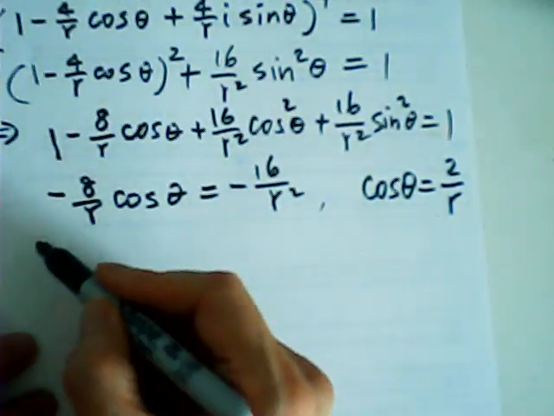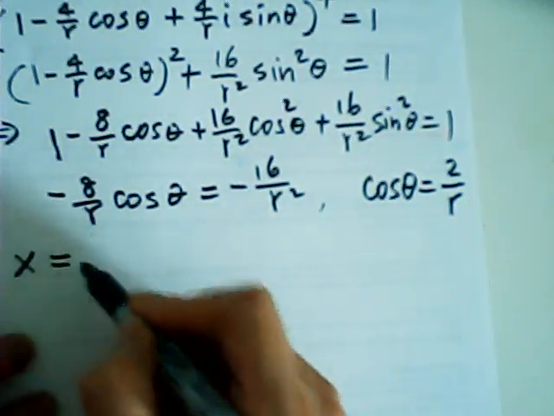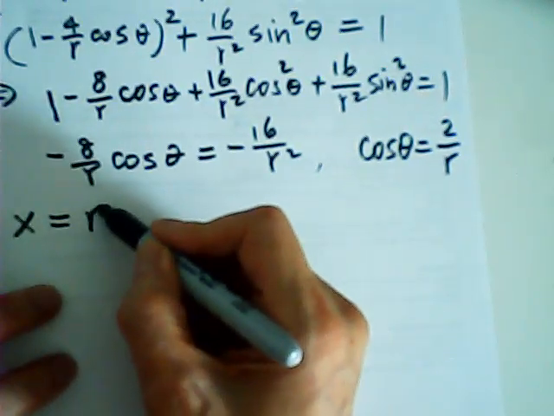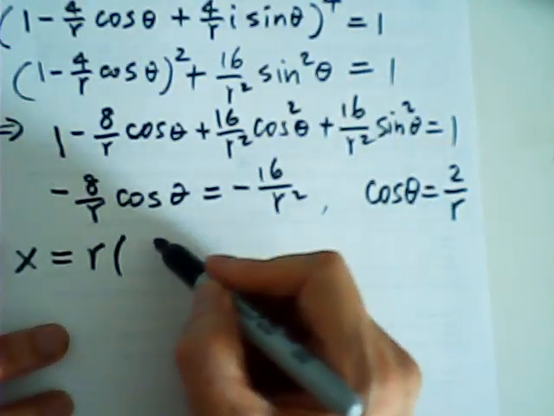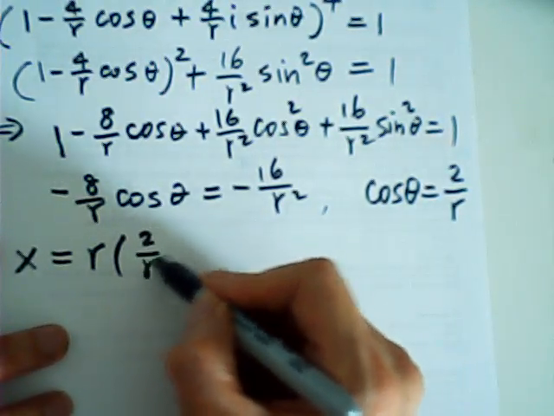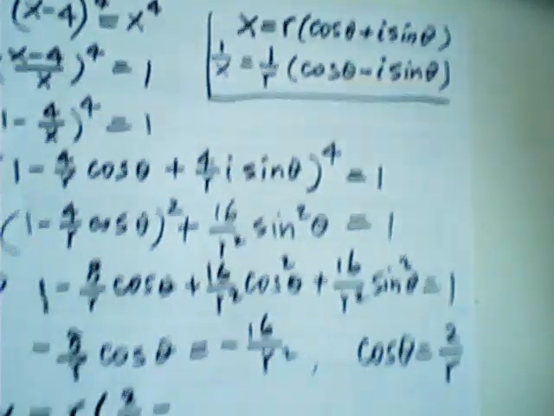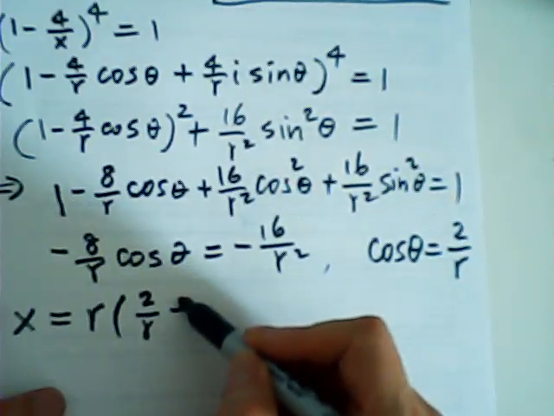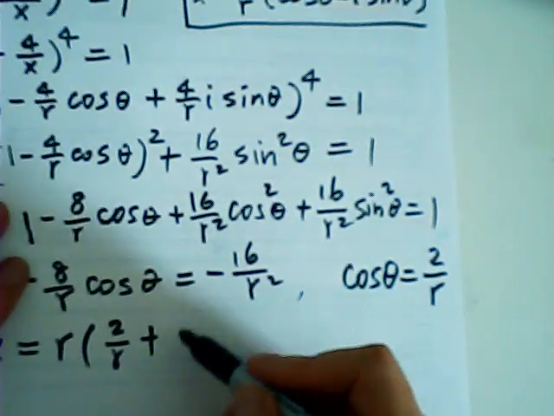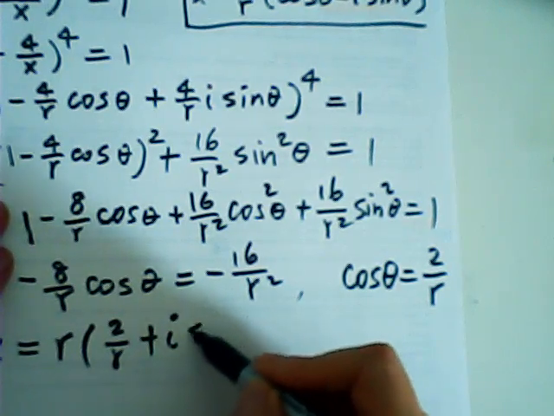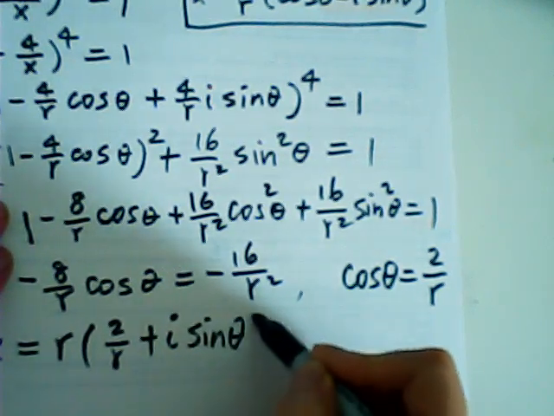Good. So we find x now. x is what? x is this, right? So x is equal to r times cosine theta, which is 2 over r, plus i sine theta.